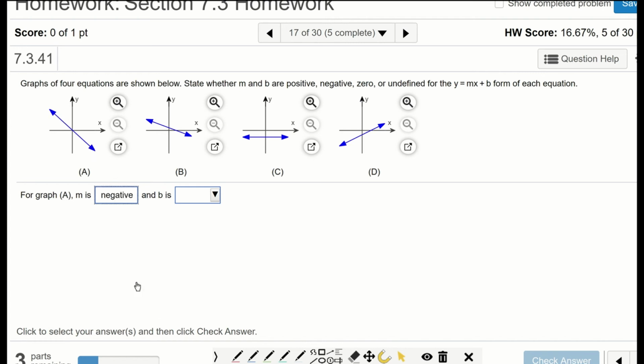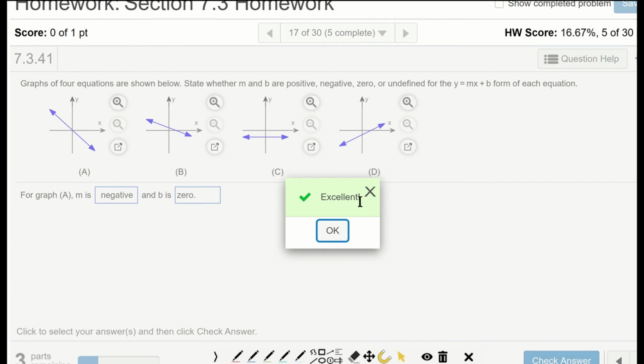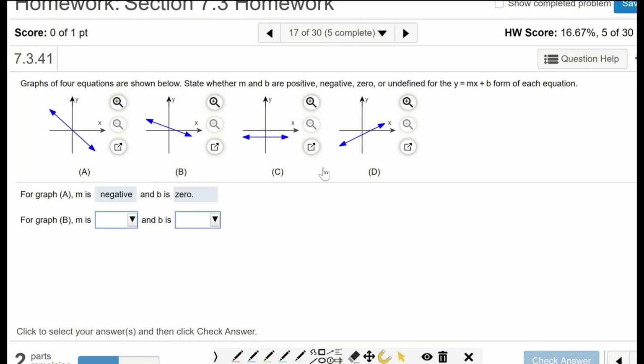So the slope is negative. And B, which is the y coordinate of the y-intercept, notice this is going through the origin, so it's going through 0, 0, right? So what's B? 0, like that. Okay, so the fun of this is for you to do this. I'm going to let you finish that, but that's how you think about it.